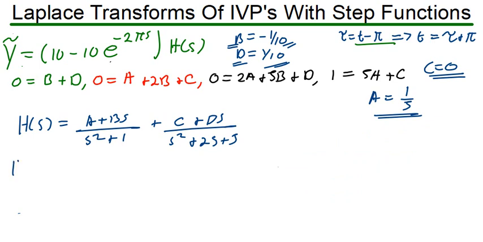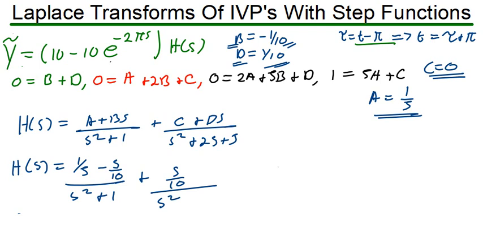So here it simply means our H of s is equals to our a, which is 1 over 5, our b, which is minus 1 over 10, of which I just write as minus s over 10, divided by your s squared plus 1, plus your c, which is 0, then your d, which is 1 over 10, that would be s over 10 over s squared plus 2s plus 5 there, like that.